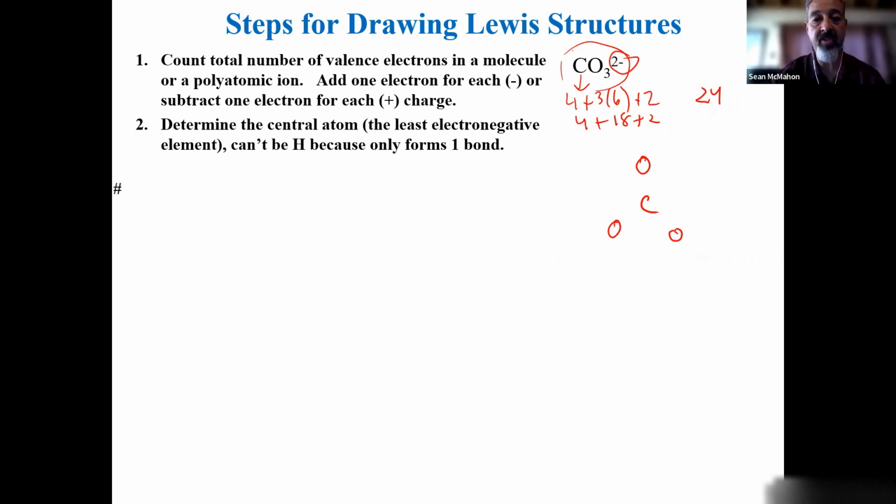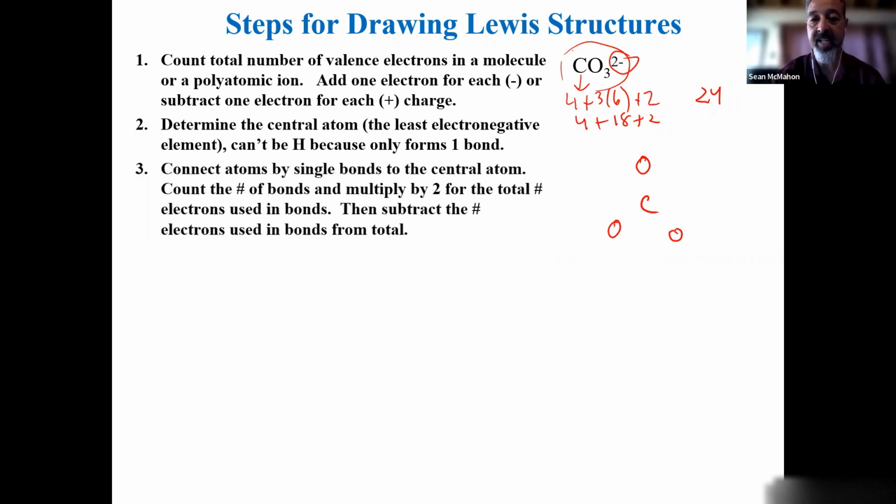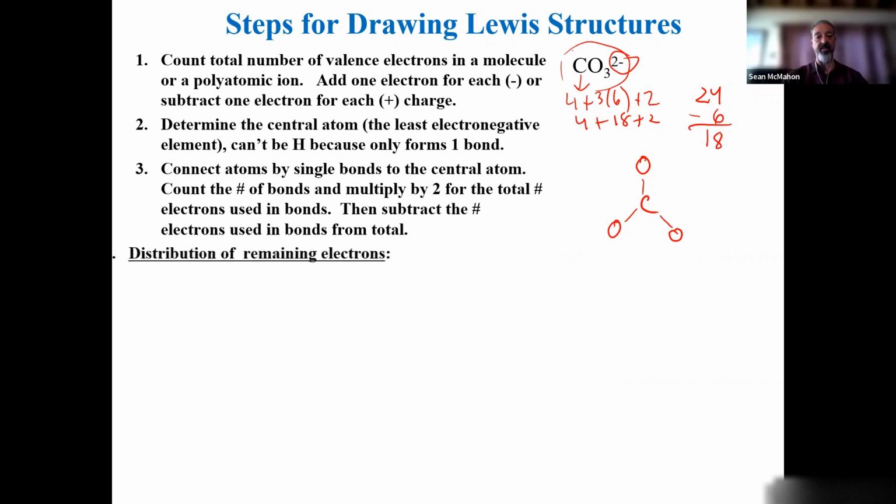Now that I've determined my central atom, I need to connect it to the outer atoms with single bonds, and I have to subtract the number of electrons used in those single bonds. 3 bonds, 2 electrons in each bond, 3 times 2 is 6. I subtract 6, I have 18 valence electrons. Now, with my 18 valence electrons, the next step is to distribute these remaining electrons.